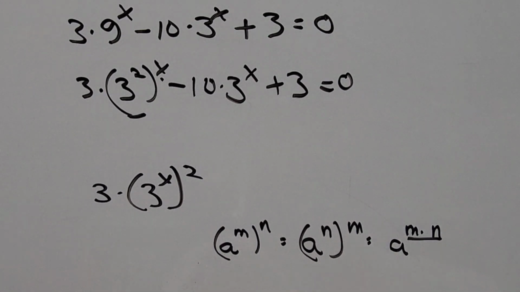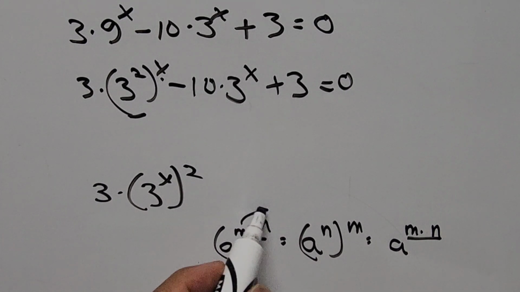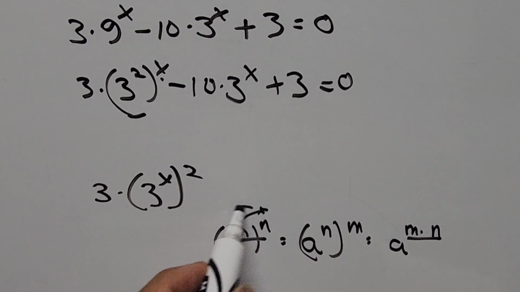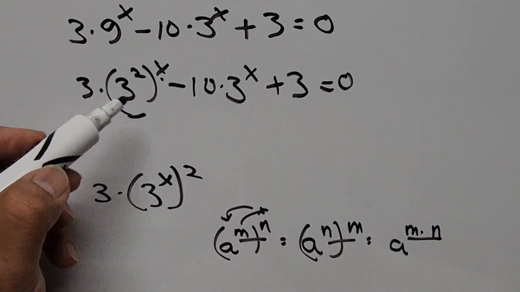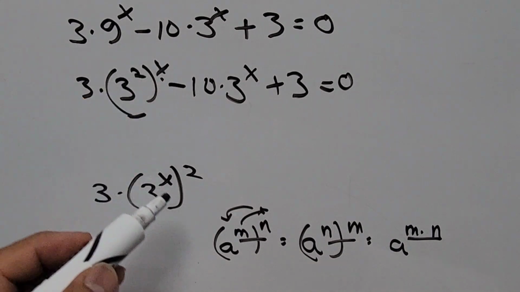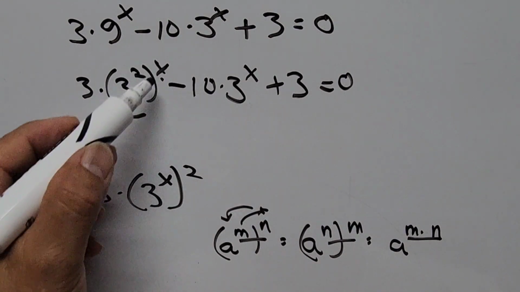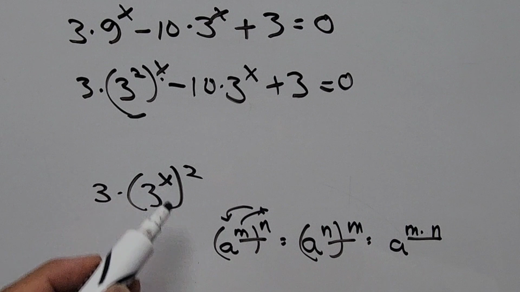In our case, we just switch the exponent: n is inside and m is on the outside, so putting 2 outside and x inside. All right.